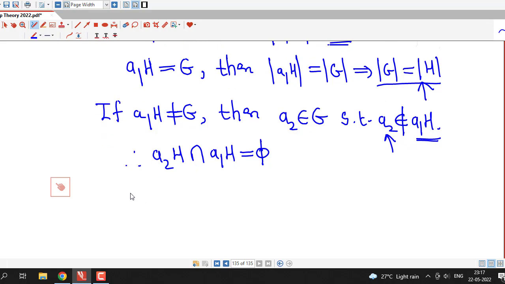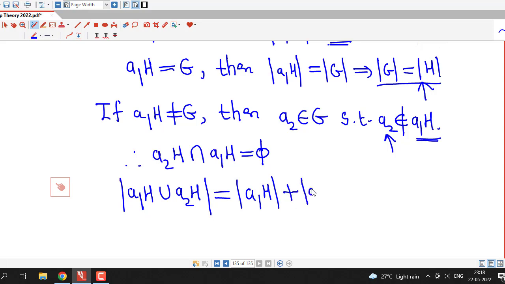Also, we take the union of A1H and A2H, and we find out the number of elements in the union of these two left cosets. Because these two are disjoint, the number of elements in A1H union A2H will be equal to the order of A1H plus the order of A2H, and we know that the number of elements in any left coset is equal to the order of the given subgroup.